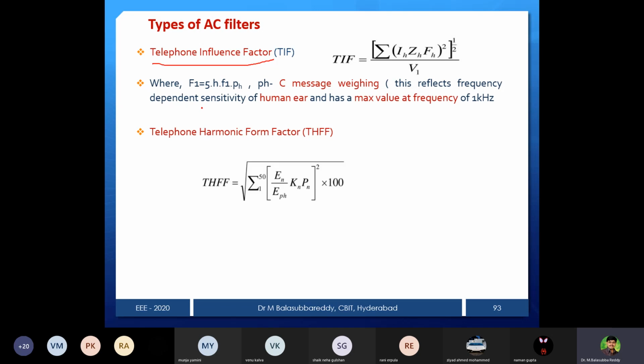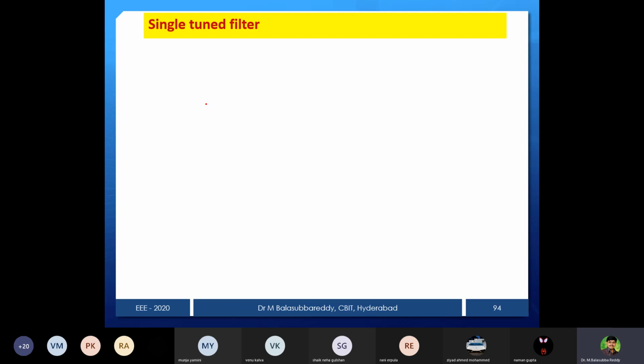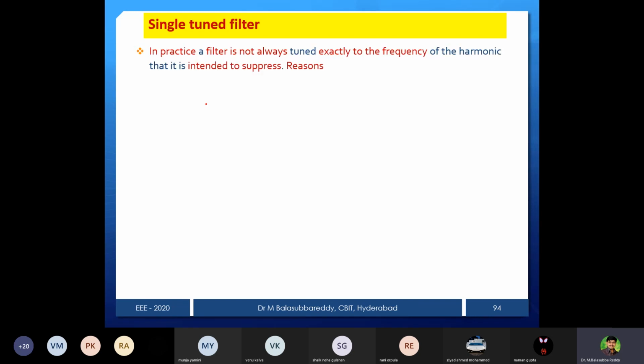So all these values will decide how the AC filters will reduce the telephone interference. We can make use of that and get a relation for how this is going to be minimized.